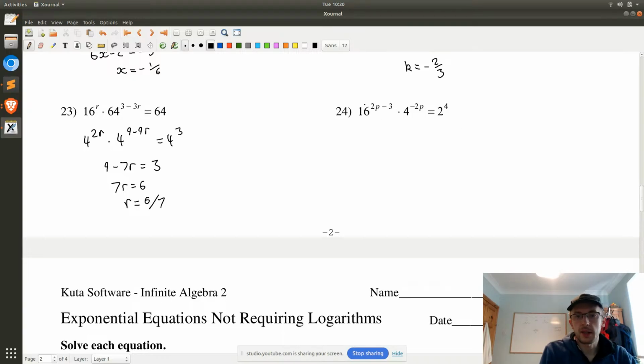Here, express everything in powers of 2, so that's 2 to the 4. So quadruple that. 8p take 12. That's the second power.